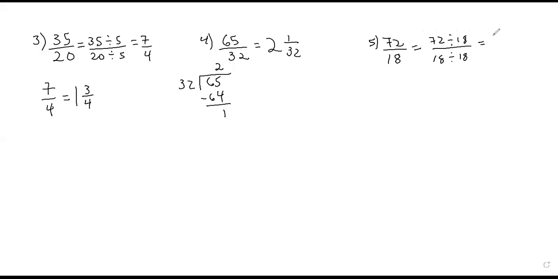So the answer here is 4 over 1, or just 4 as a whole number. We're going to write mixed numbers as improper fractions in the next lesson.